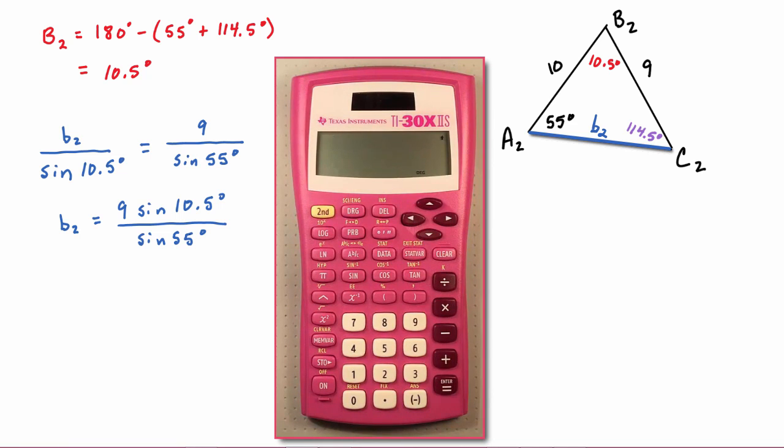We get 9 times the sine of 10.5, close your parenthesis, divided by the sine of 55, close parenthesis, hit enter. And rounding to the tenths place, we see that B2 is going to equal 2.0, and the units will be centimeters.